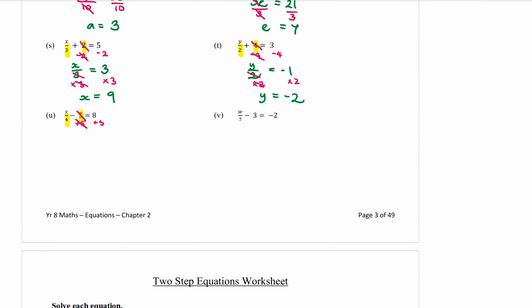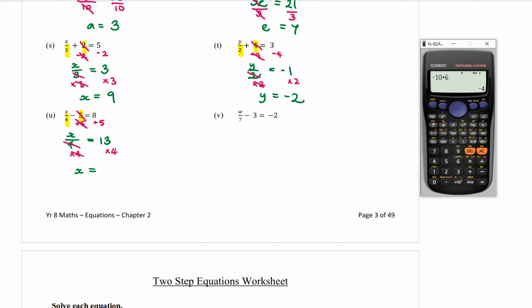We have x over 4 left, and 8 plus 5 is 13. Then we need to get rid of that 4. So I need to times by 4 because that line means divide. X is now by itself. Now, not too many people know their 13 times tables, so you can always use your calculator. 13 times 4 is 52.